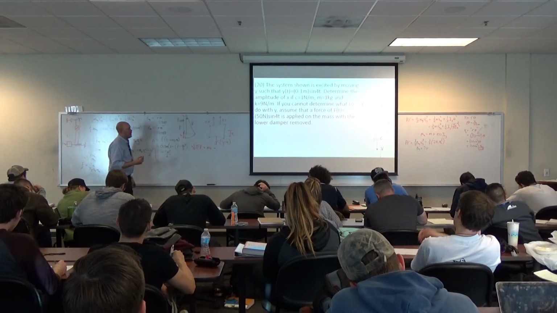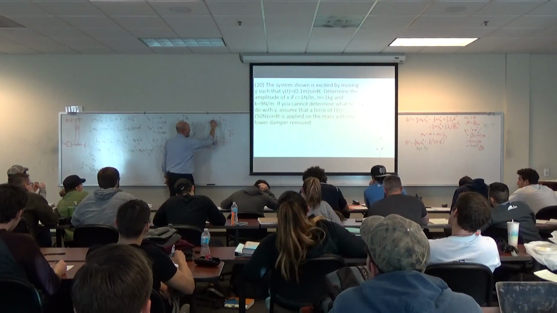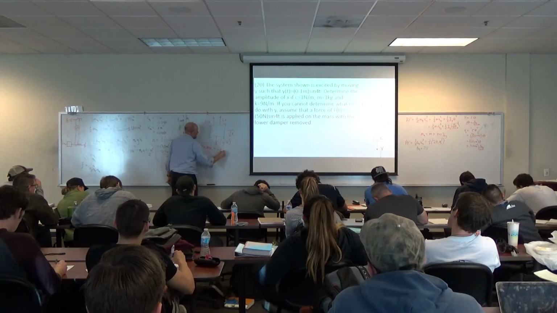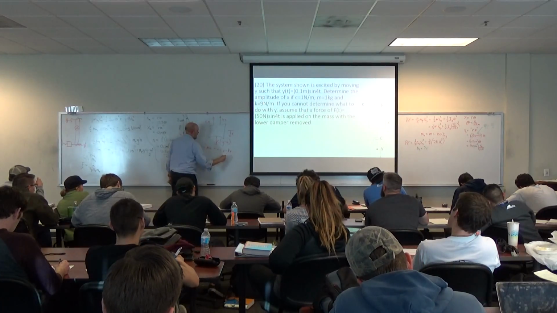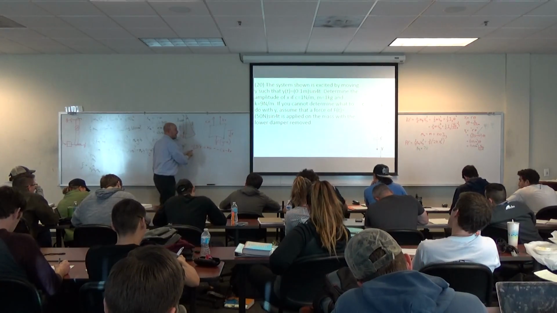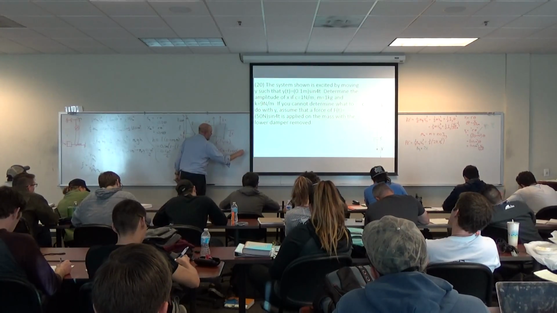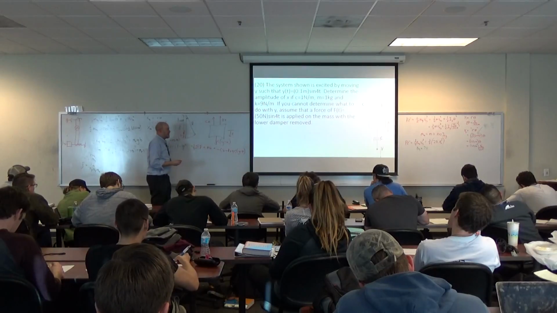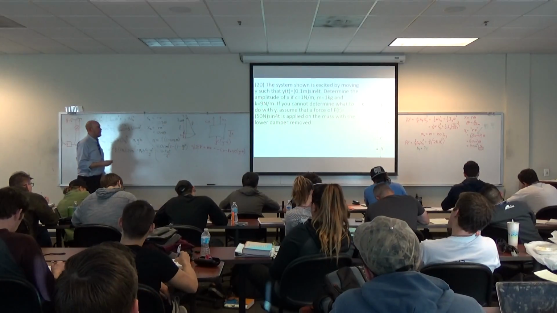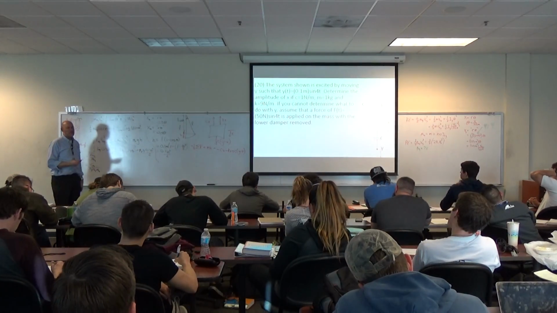All that added up, and so we have minus c times x dot minus k times x, because these are up, down is positive, plus c times (y dot minus x dot). So far, so good. What do we do next?